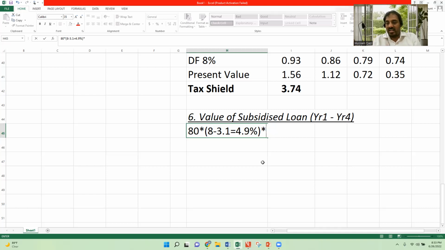Before tax, this is 100%. But if we are getting an advantage, the taxable income will increase and we have to pay more tax. So it means the net advantage becomes 70%. And multiply by the simple annuity factor 3.312.